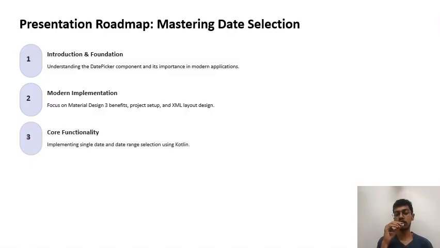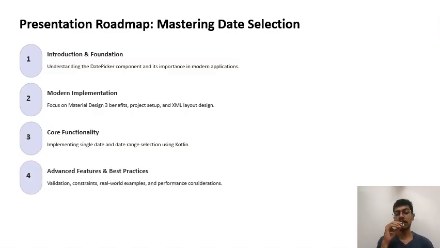Later we will go for the core functionality, implementing single date and date range selection using Kotlin. And then we will go for the advanced features and best practices like validation, constraints and real world examples. Finally, we will conclude our presentation with some future scopes and real world examples.